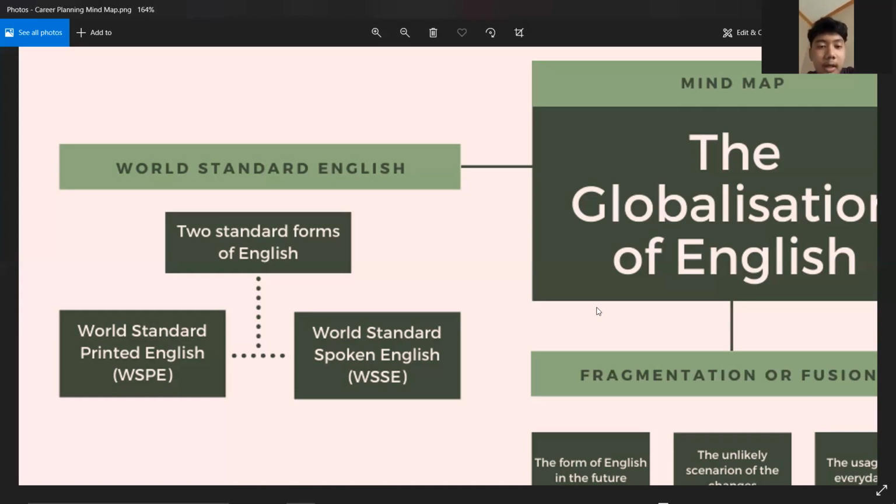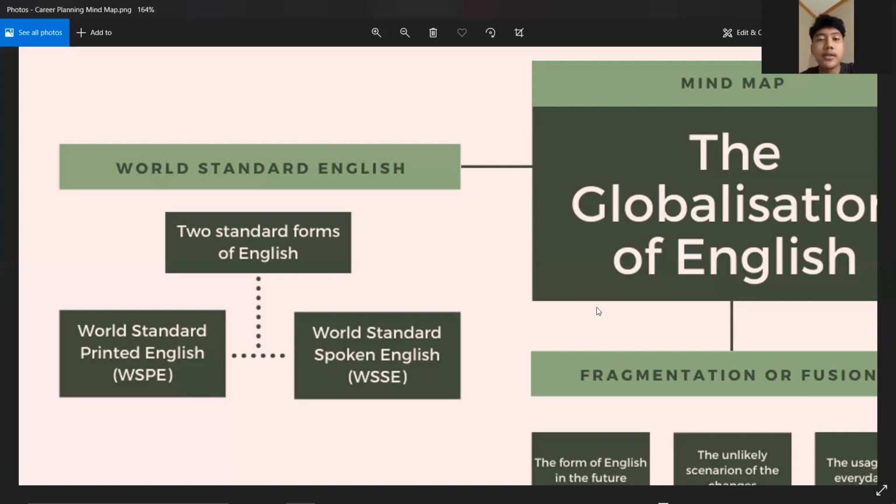Okay, so world standard printed English is already used by people for writing and anything that is printed. And there are some differences actually in the writing standard: there are English, American, and British lexicons. And world standard spoken English is not yet used as a standard because there are so many accents and idioms.